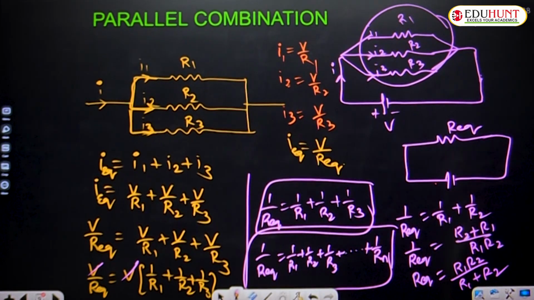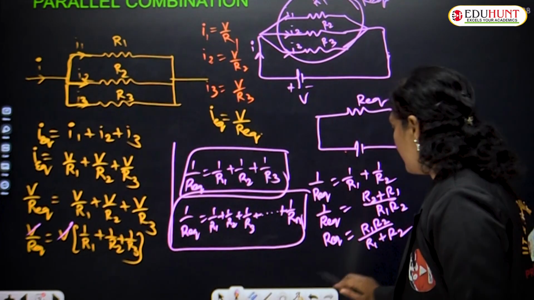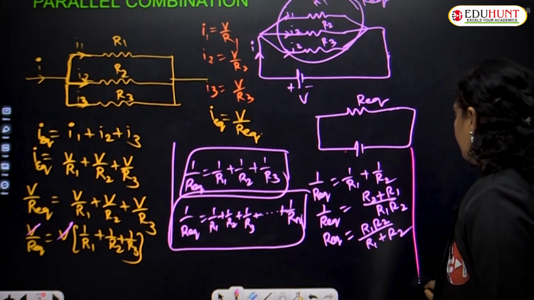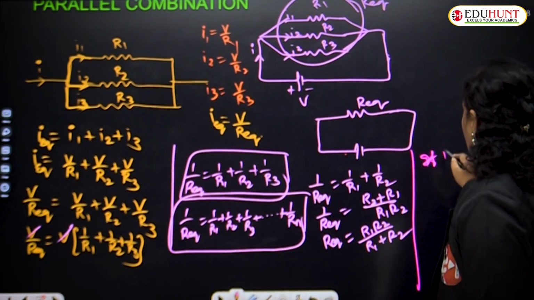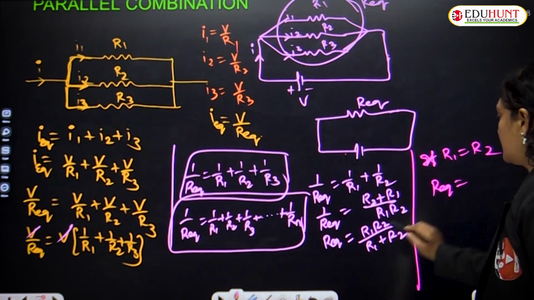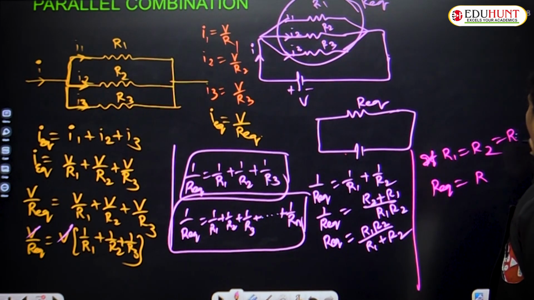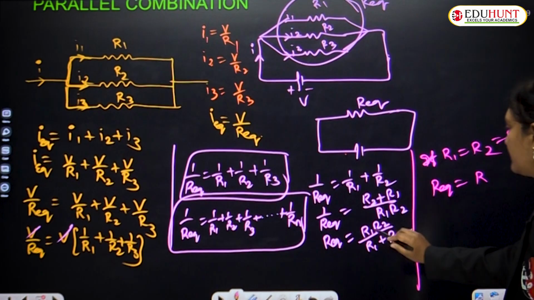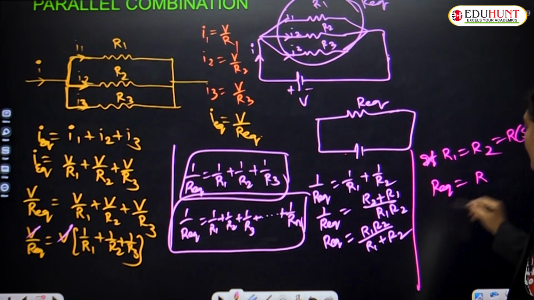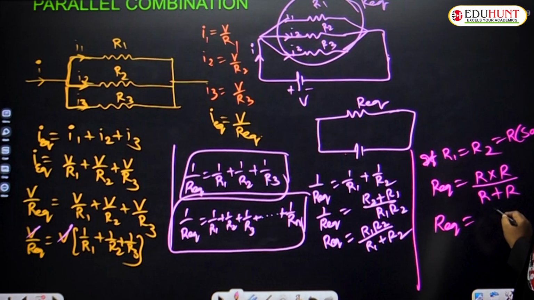Suppose R1 is equal to R2, let us see what happens. In the same case, if R1 equals R2, then instead of R1 and R2, I can replace them with some value, say R. So R1 is also R, R2 is also R. So R equivalent is R into R upon R plus R, which is R into R by 2R.